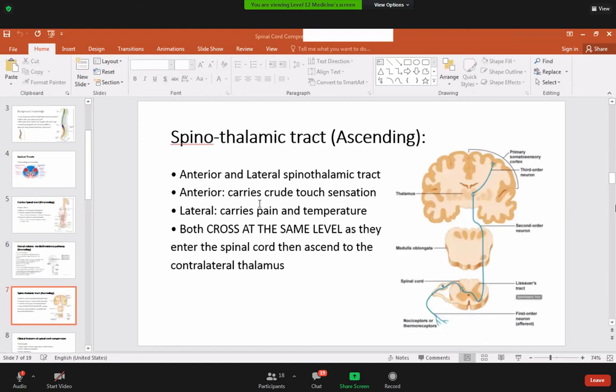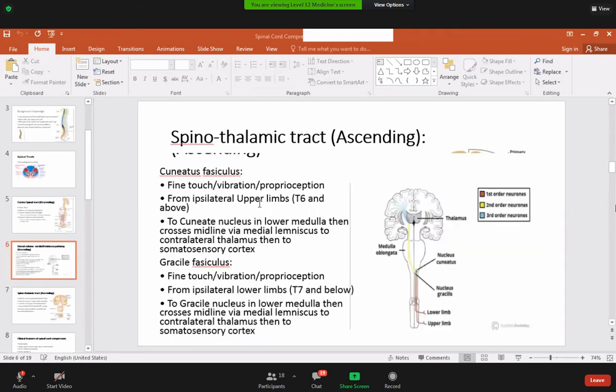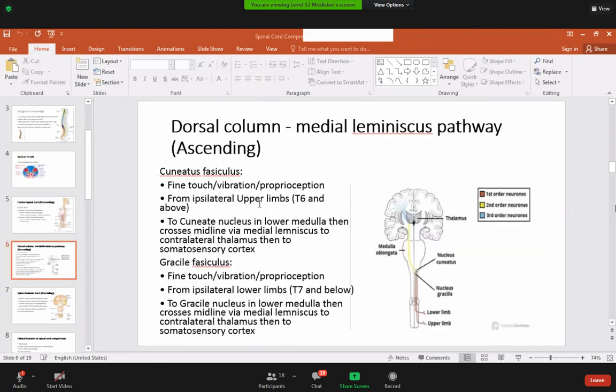There is another ascending tract, the spinothalamic tract, that carries the crude touch sensation. Actually, now there is a difference between the sensations also. The fine touch or fine sensations, like if you are patting someone, if you are touching someone, this is the fine touch sensation.